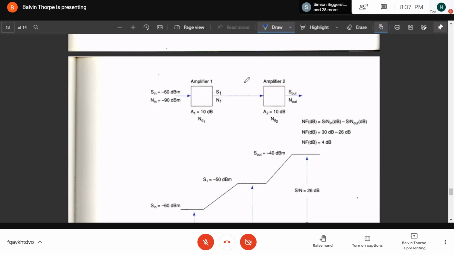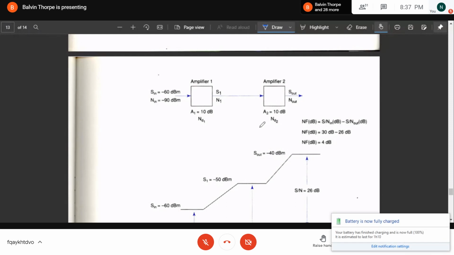But as you can see, ladies and gentlemen, the output signal to noise ratio of amplifier 1 becomes the input signal to noise ratio of amplifier 2. Amplifier 2 input and output signal to noise ratio would be different.